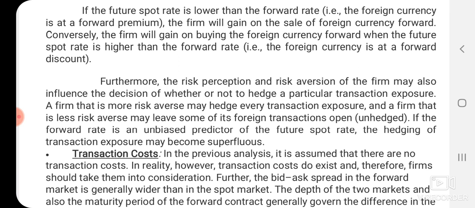A firm that is more risk averse may hedge every transaction exposure, and a firm that is less risk averse may leave some of its foreign transactions unhedged. If the forward rate is an unbiased predictor of the future spot rate, the hedging of transaction exposure may become superfluous.